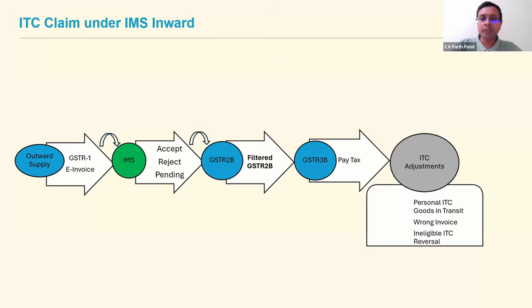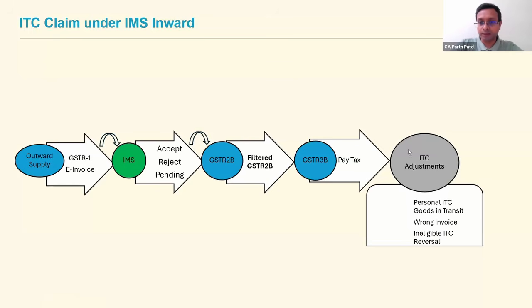So we can avoid particular ITC adjustments in GSTR3B via amount adjustments, right? So our ITC reversal columns or rows in GSTR3B can be almost negligible or nil if a business follows IMS.